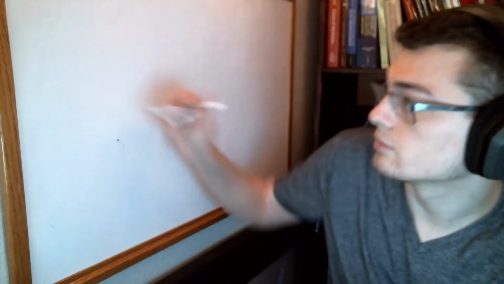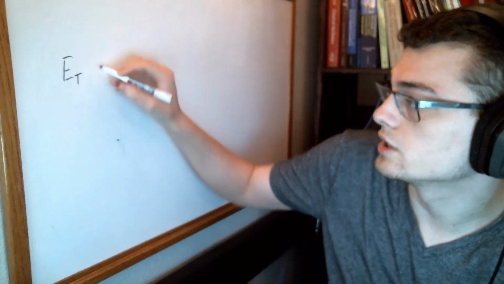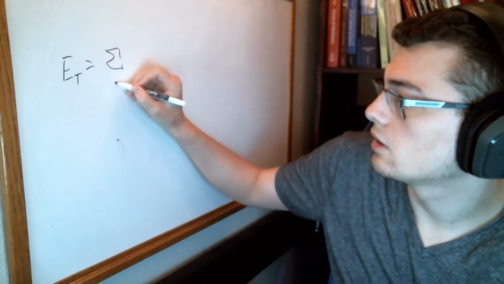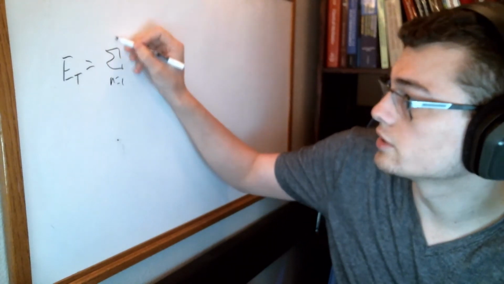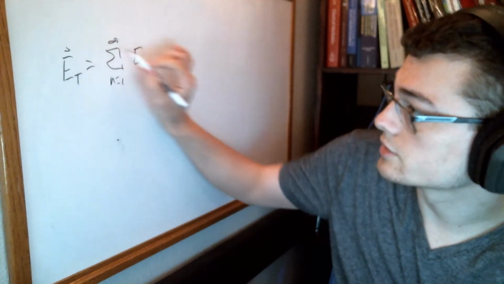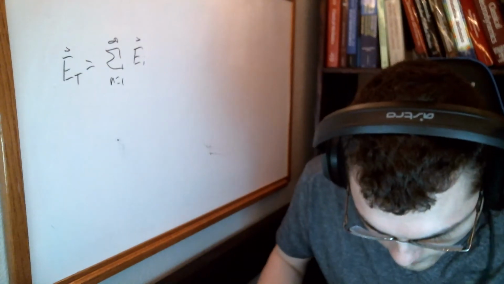The superposition of fields is given by E total, or ET, equals the sum from n equals 1 to infinity of Ei. And these are vectors because they are field vectors.